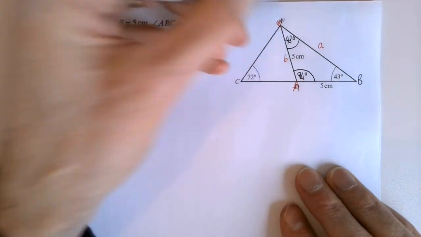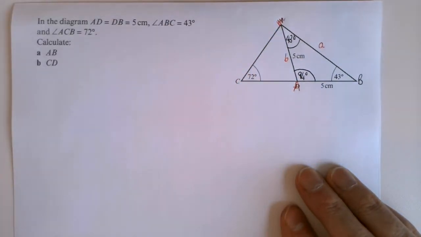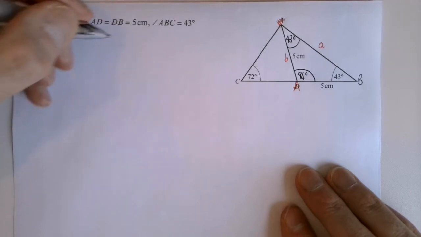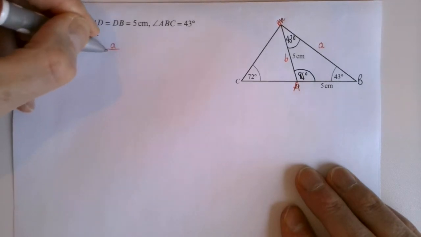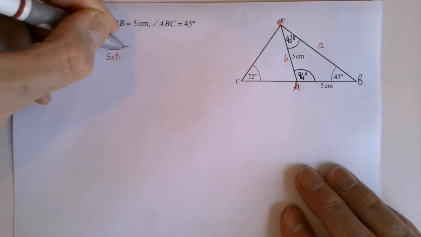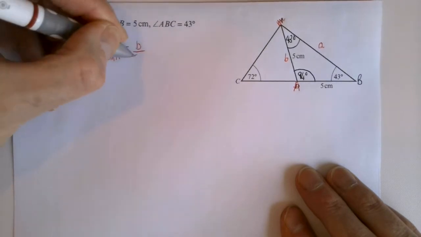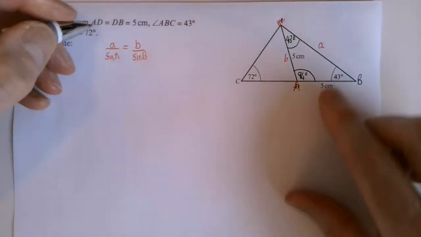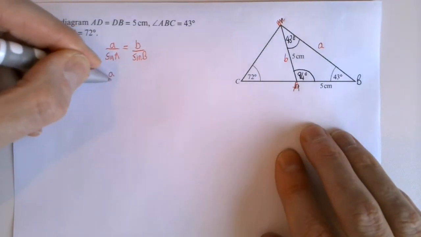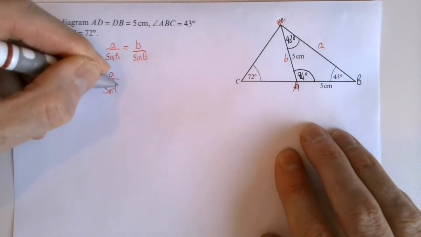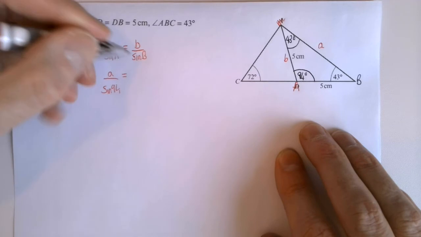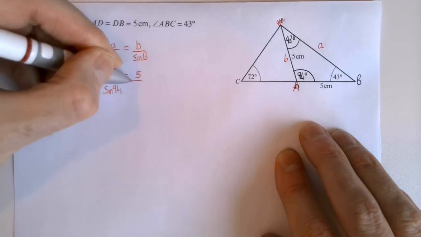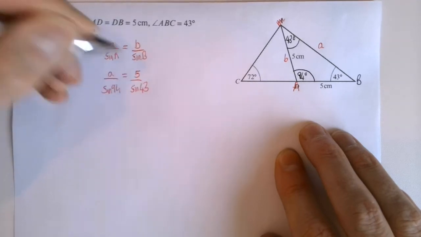I'm sort of ignoring the fact that that's already called A. So my rule, finding AB: a over sine A equals b over sine B. So a over sine 94 equals 5 over sine 43.